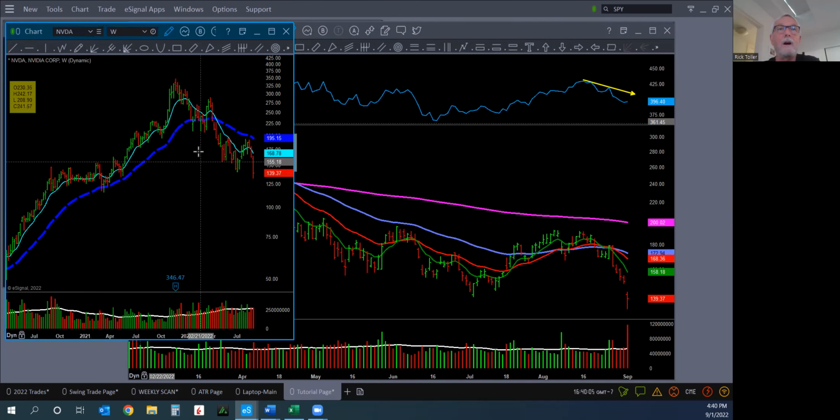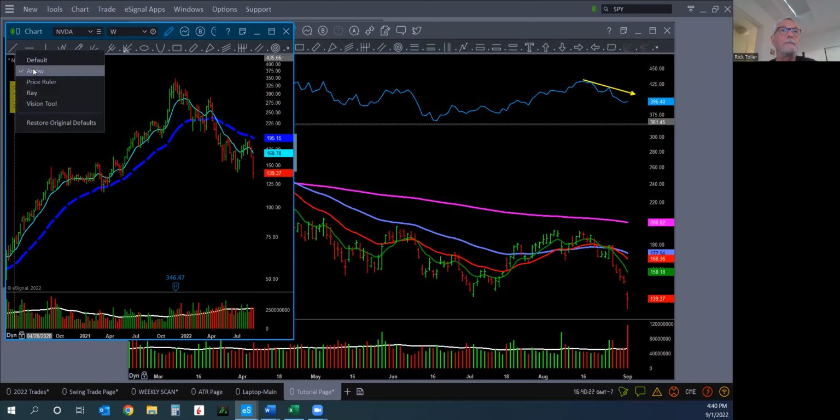But had you owned the stock, and again, this is just another reason why we have rules and sell rules. This traded in late 2021 almost at $350, and here we are down at about 140.